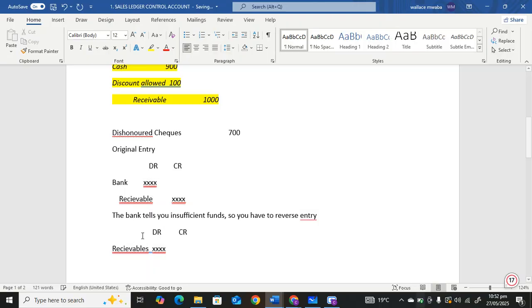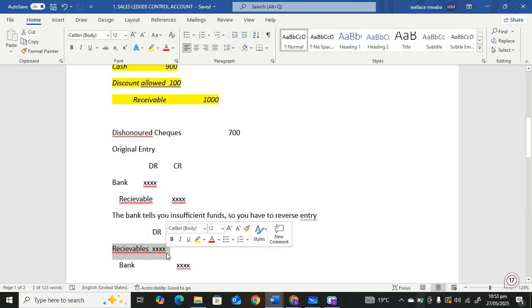And that amount you debited to bank, since it was a fictitious amount, you thought that you had received money. So you debited your bank, meaning your bank account increased. Now, since you found out that there were insufficient funds, you have to remove that amount from the bank account. So the dishonored check is going to go on the debit side of the control account. Any questions?